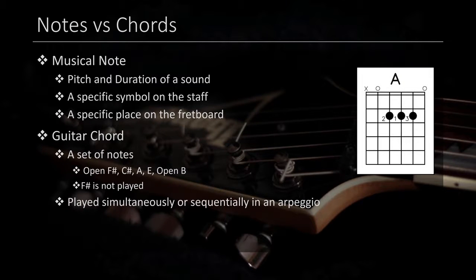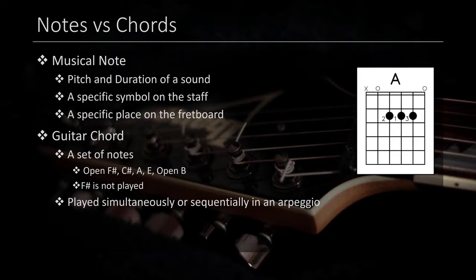Now, I don't want to confuse musical notes with guitar chords, because whilst a note is an individual entity, a chord consists of a set of notes. So for instance, one of the first chords that we learn is the A, which is made up of, I believe, an open F sharp, so in other words we don't play that string, a C sharp, A, E and an open B, noting that the F sharp on the sixth string, the thick one, is not actually played.